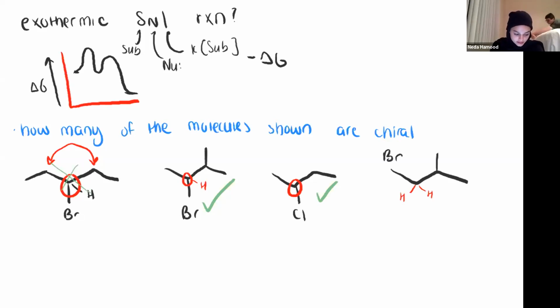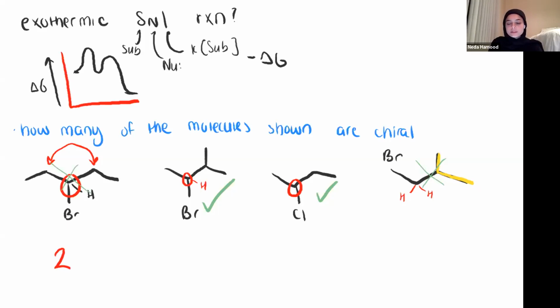This one here has two methyls connected to it, so that one is not chiral. So that means that within these four, we have two chiral compounds.